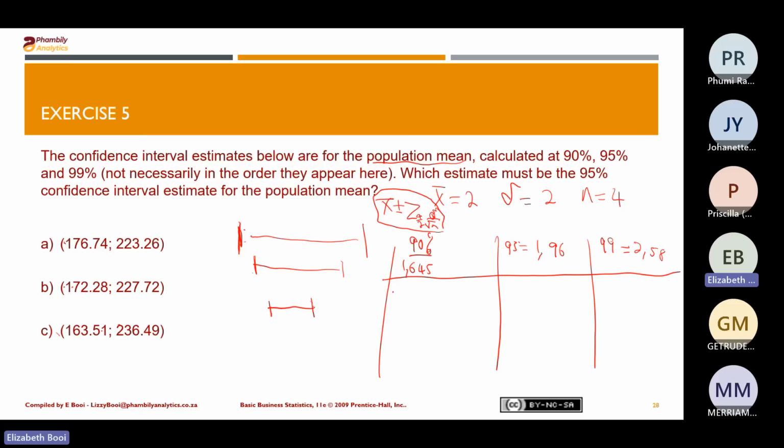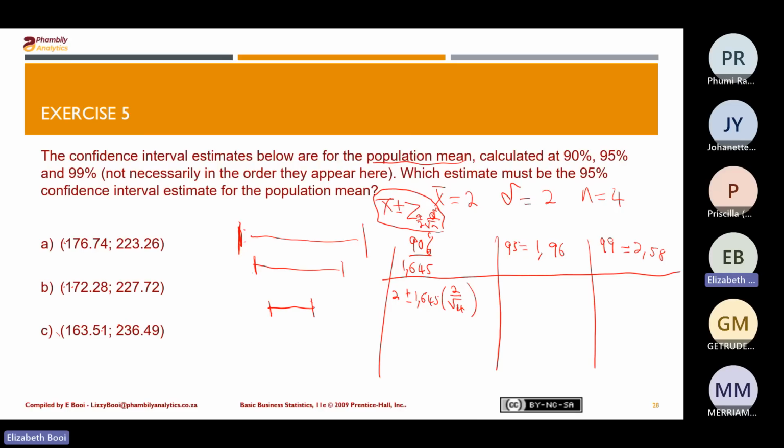So let's start with 90. This will be 2 plus or minus 1.645 times 2 divided by the square root of 4.